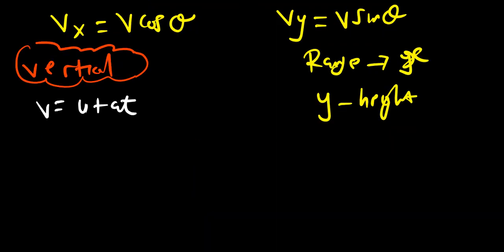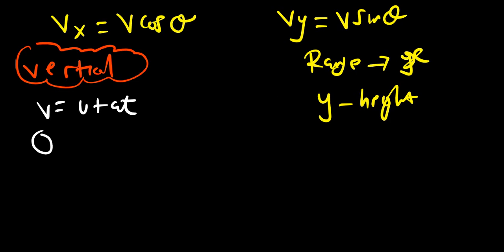So, in this case, our final velocity will be 0, equals U, which in this case will be Vy, the one that we're just starting with, not the final one, plus the acceleration. Now, this is the acceleration due to gravity. And we're saying it's vertical, it's going in this direction. So, it's going in the negative direction. So, your acceleration will be negative, multiplied by the time.